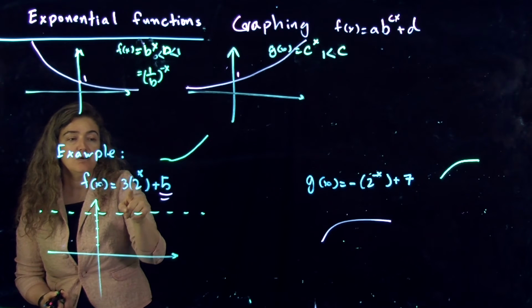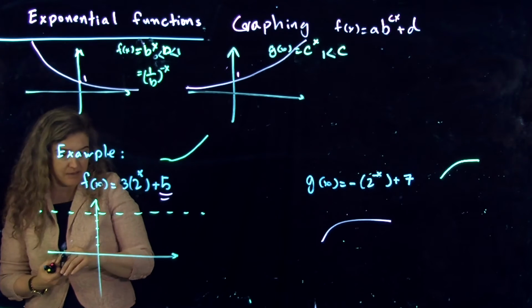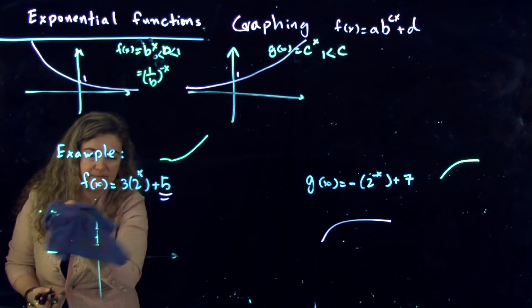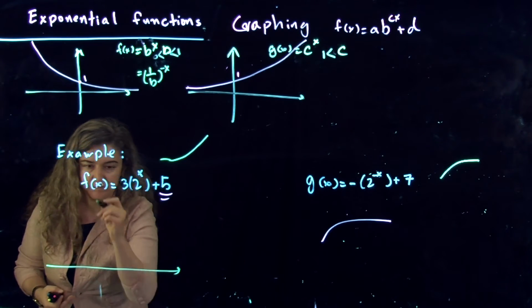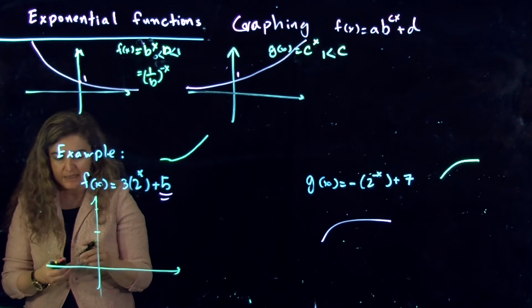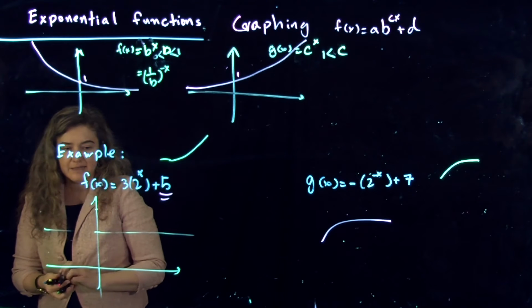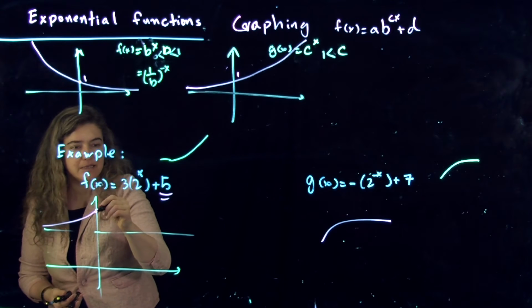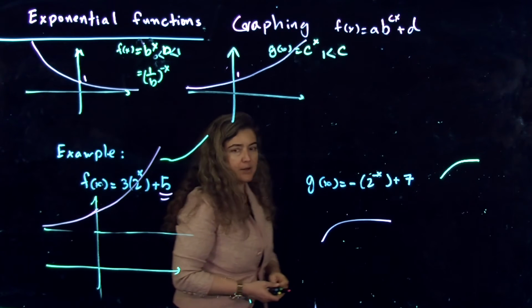Putting x equal to 0 will give me 3 plus 5, which is 8. Let's say this is 5 and this is 8, and this is the horizontal asymptote. And so I'm expecting this to go down, and then I'm expecting this to go up like that.